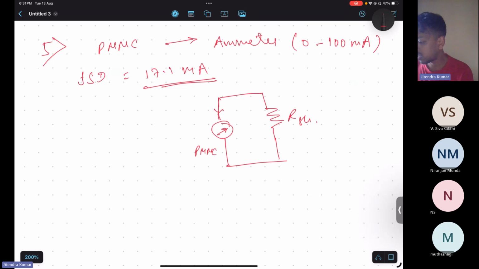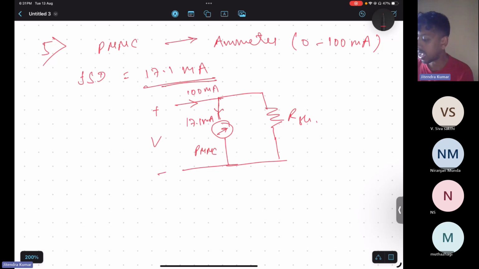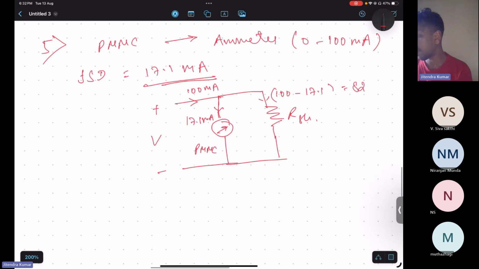PMMC, so that whenever 17.1 milliampere flows here, the total should be 100 milliampere, and the rest should flow into the shunt branch. So here it should flow 100 minus 17.1, so it will be 82.9 milliampere.